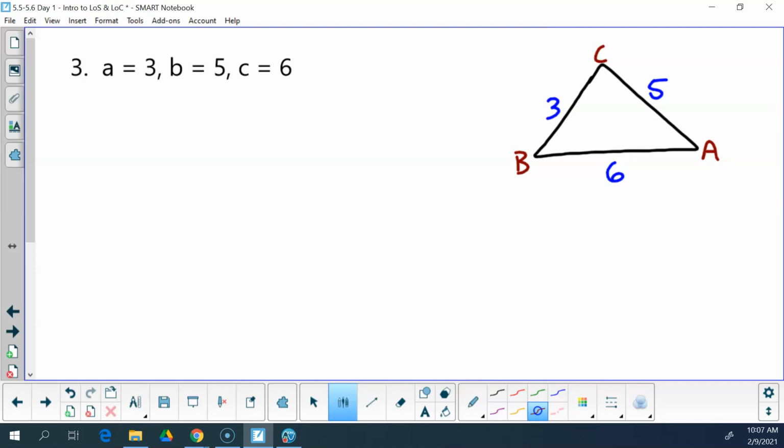Based off of the side lengths of a triangle, which angle is the biggest? What you got? A? Do we agree that angle A is the biggest?